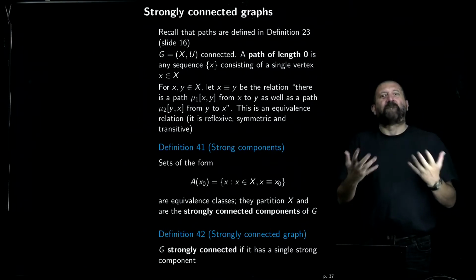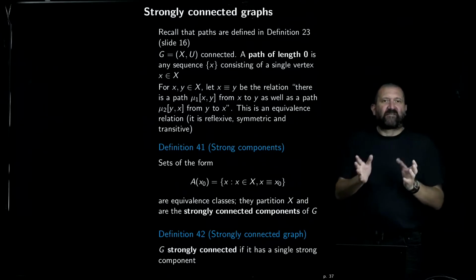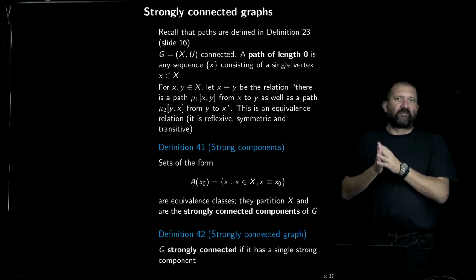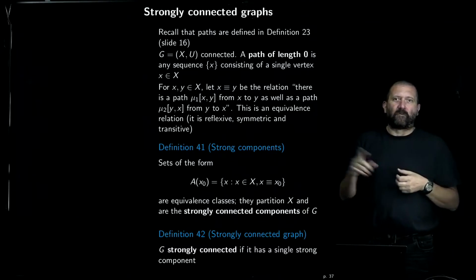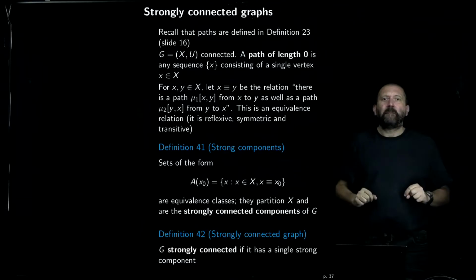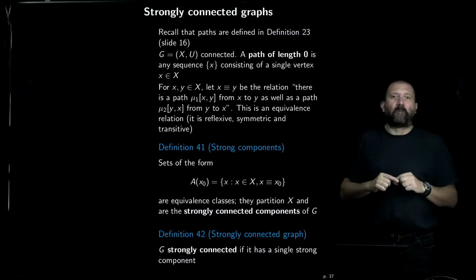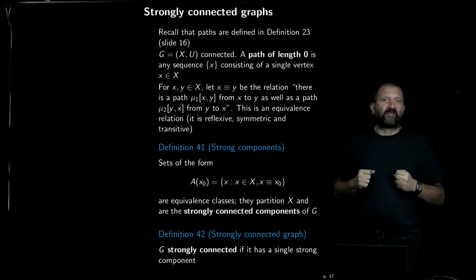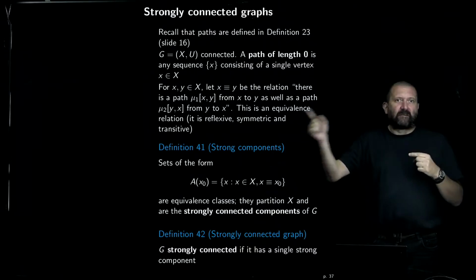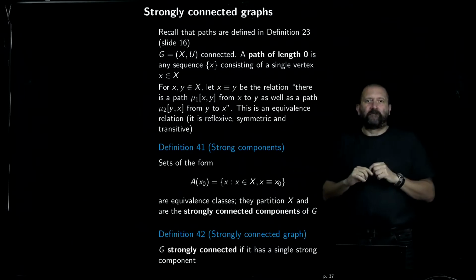We define that relation as follows: X is in relation with Y if there is a path mu1 from X to Y, which we denote mu1 of xy, and also a path from Y to X. So it's not necessarily the same path, but we say that the two vertices are in relation if I can go from one to the other and back from the other to that one.